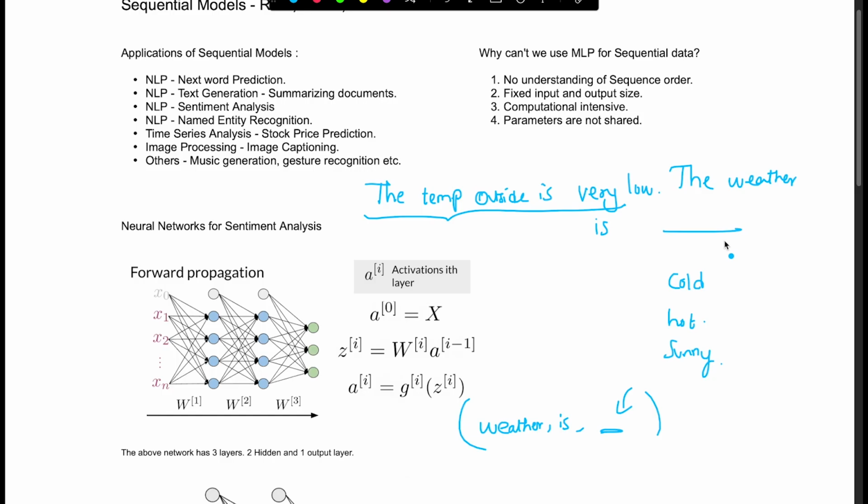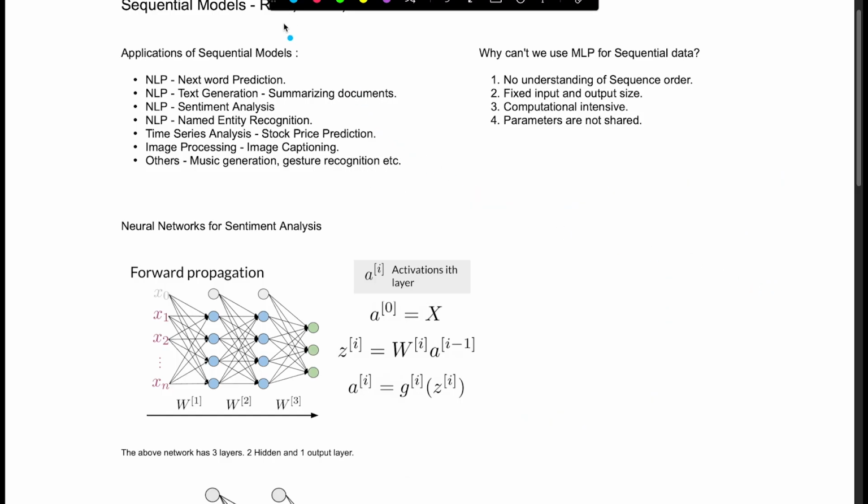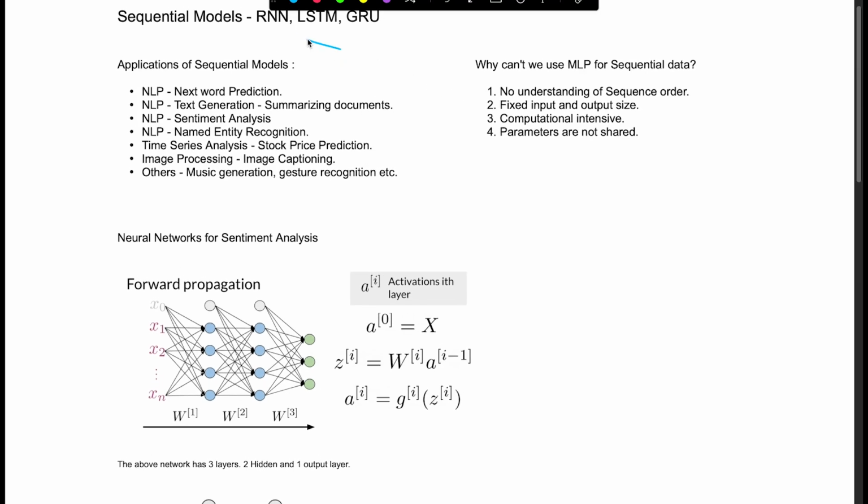So in order to cater to the long-term dependencies for a specific target word, we are supposed to look at models like RNN and LSTM, right? That's when sequence models are really going to help us. Apart from next word prediction, we also have text generation, like I mentioned a while ago, which will help us in summarizing a bunch of documents. It can also be used in sentiment analysis, like the IMDb review dataset example that I have provided, which comprises different reviews provided by different users for hundreds of movies.